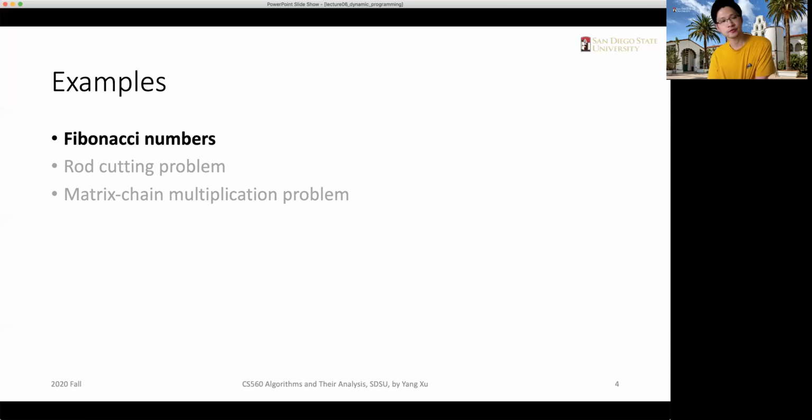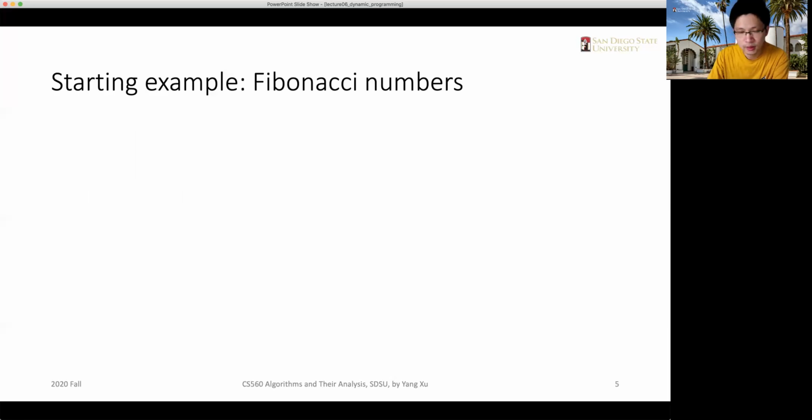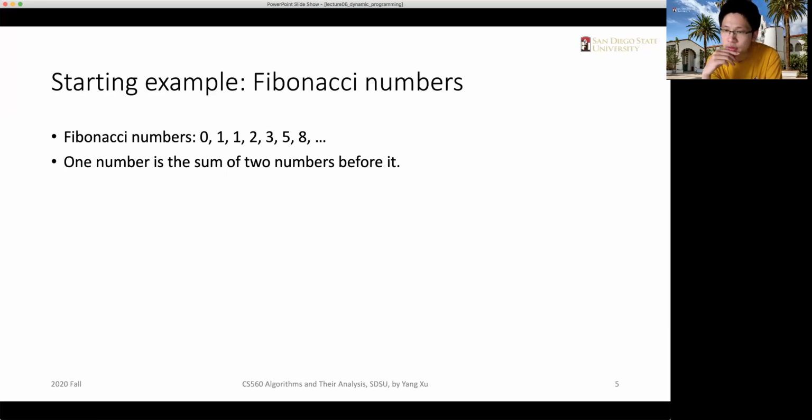So we will start from a more concrete example, Fibonacci numbers. The series of Fibonacci numbers follows the rule that the third number is the sum of the two numbers before it. Notice that in this series, this one is a result of 0 plus 1.